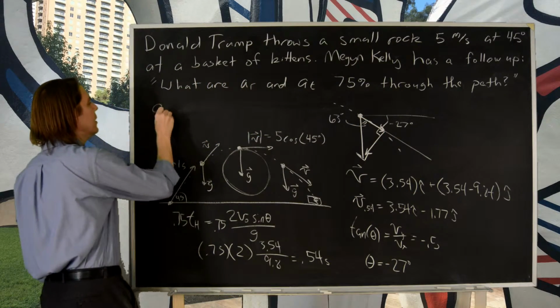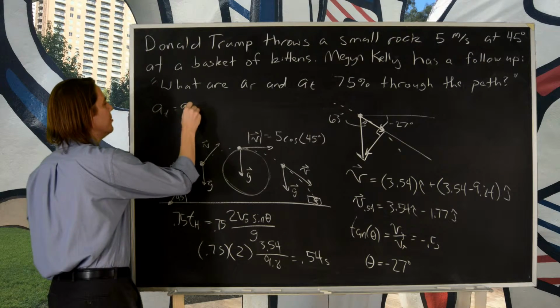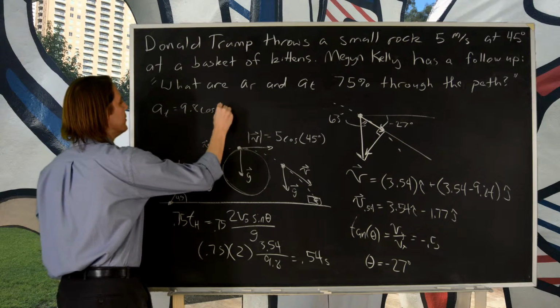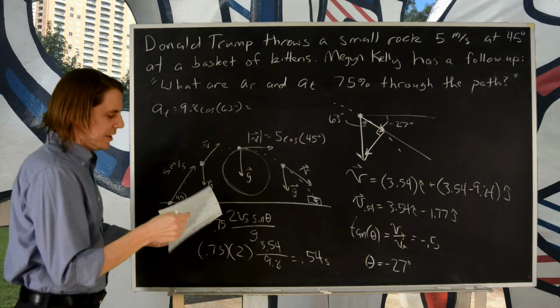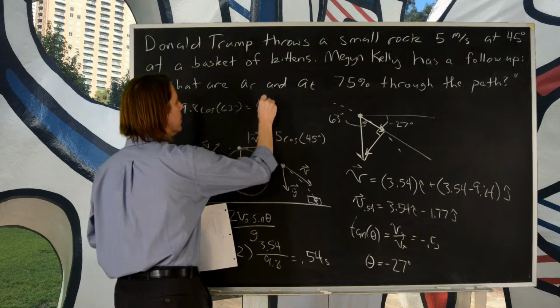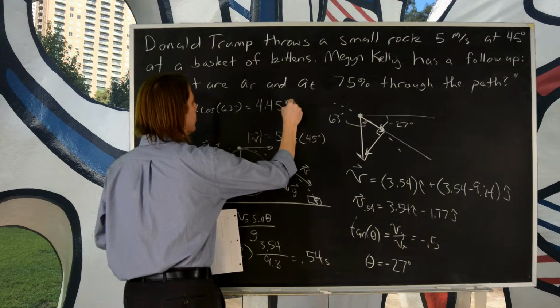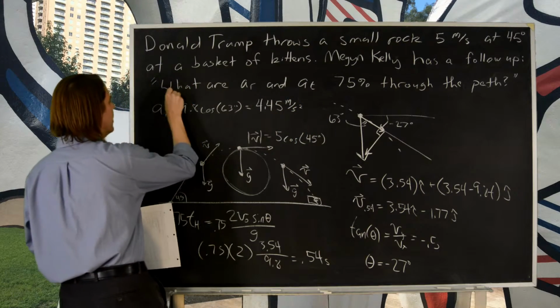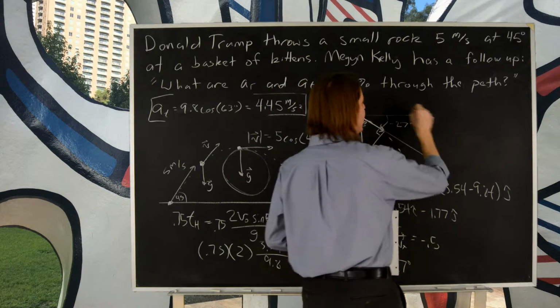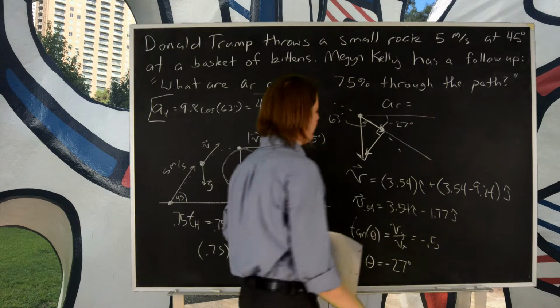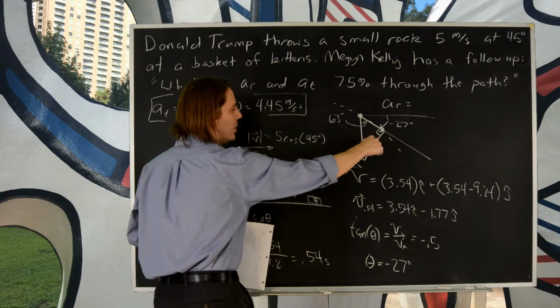So A tangential is 9.8 cosine 63 degrees, and I get 4.45 meters per second squared.